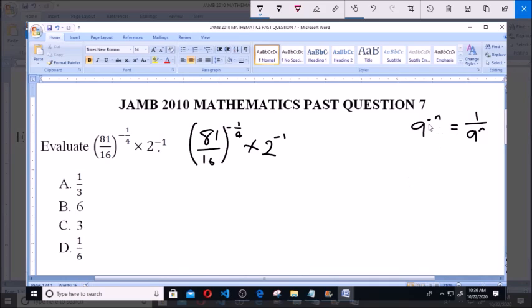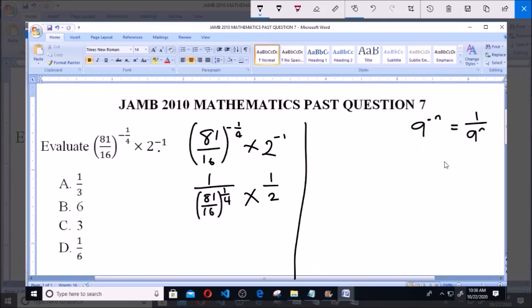This is the law in indices. So this negative power simply means 1 over. From this we can say this is 1 all over 81 over 16 raised to the power of 1 over 4, then multiplied by 1 over 2.